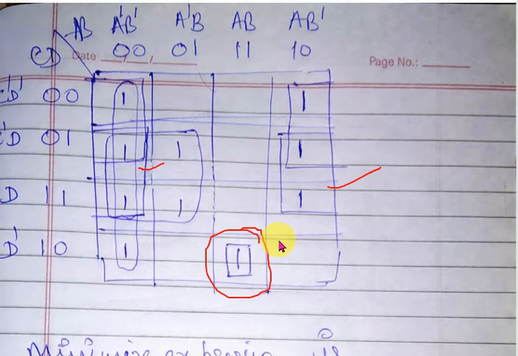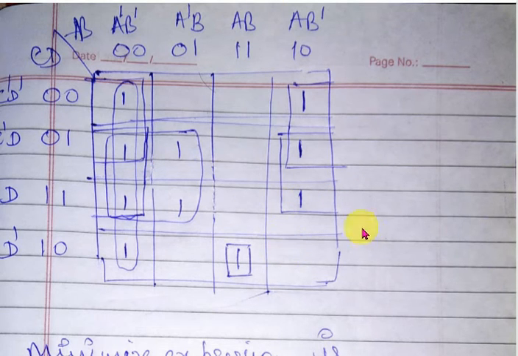I'm repeating again: our aim here is to always find the largest basic blocks, and the number of basic blocks should be minimized. So we have covered all the ones.